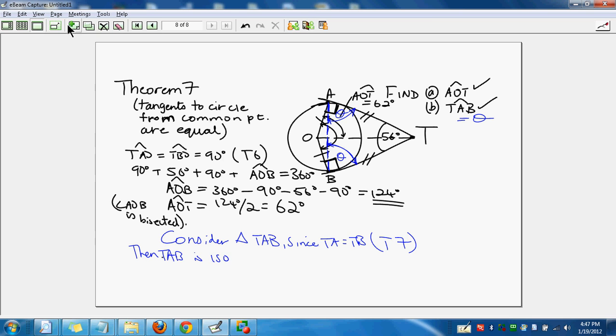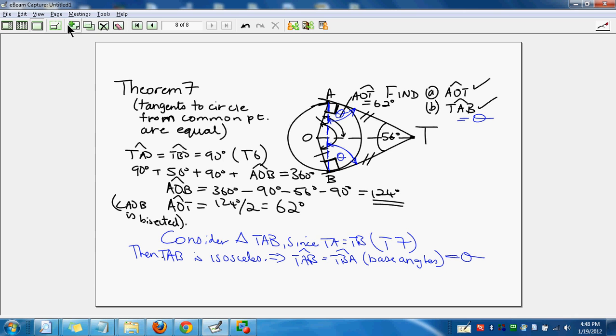And if it is isosceles, it means then that angle TAB must be equal to angle TBA because these are base angles. And let us call each one of them theta, as we did in the diagram.